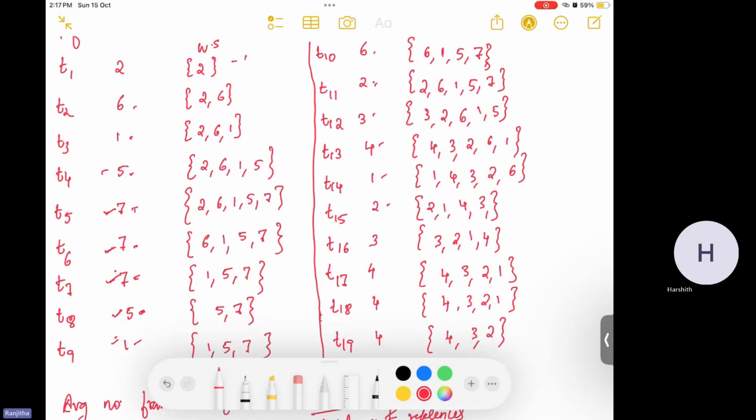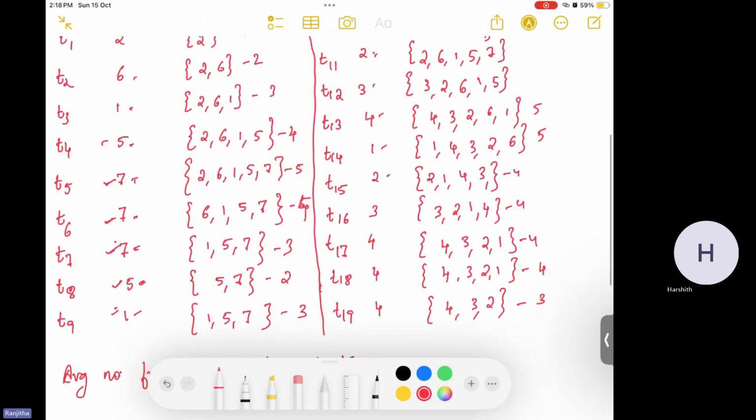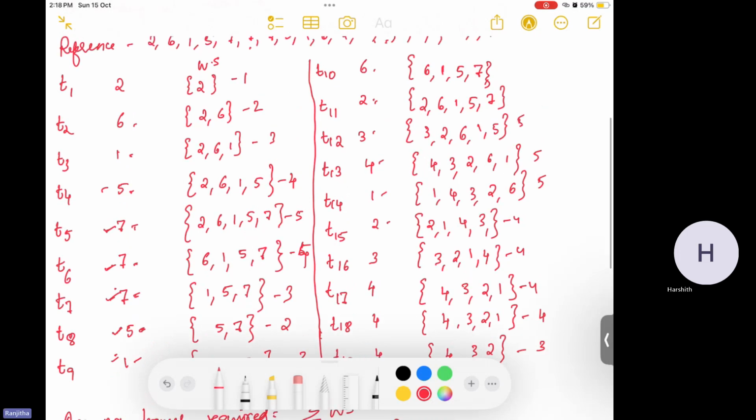It is 1, 2, 3, 4, 5, 4, 3, 2, 3, 3, 4, 4, 4, 4, 5, 5, 5, 5, 4.